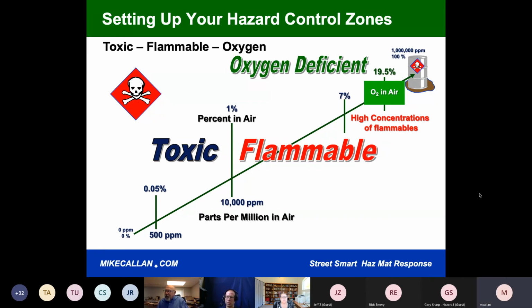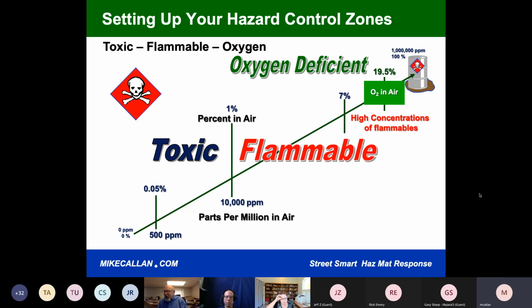If you say, okay, where do they set their zones up? They set their zone up at 10% of the LEL. So if it's 10% of the LEL, and we know that 1% is the LEL, then we're looking at about 1,000 parts per million for 10%. And I usually say, would you agree? And they go, yeah.